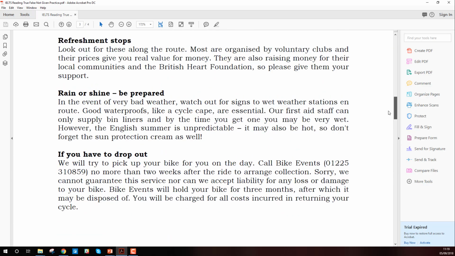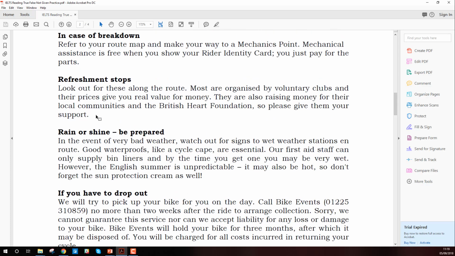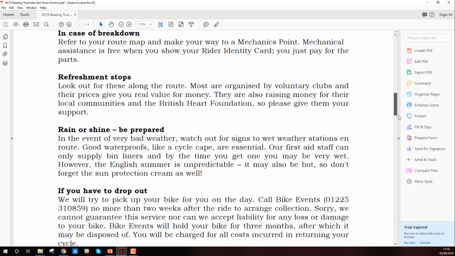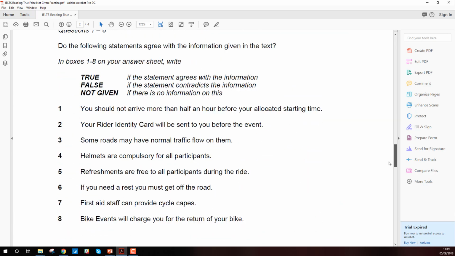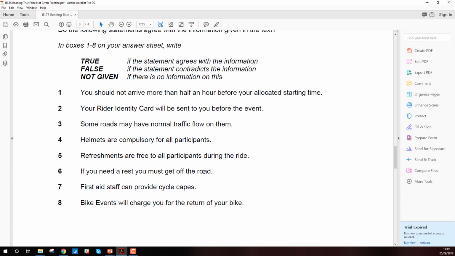So let's go up. Where was number 5? Number 5 was here. Number 7 was here. So number 6 must be in between, because they're in the same order. In the event of very bad weather, watch out for signs to wet weather stations en route. Does that say anything about having a rest? No. If you need a rest, you must get off the road. It's just not there, not given.